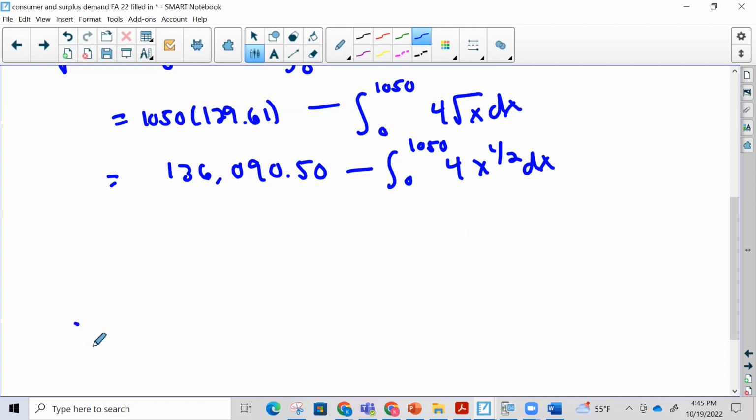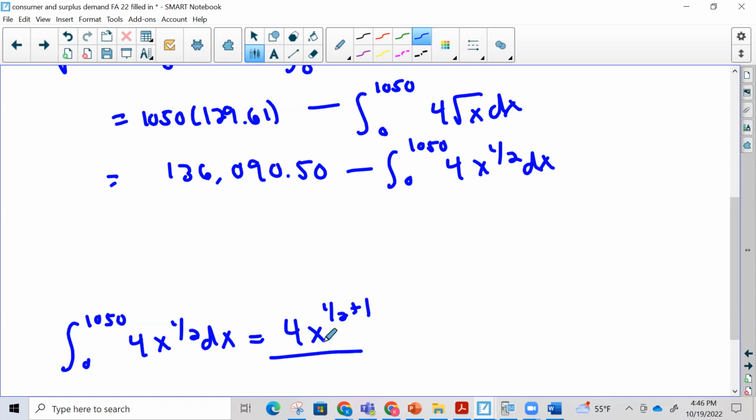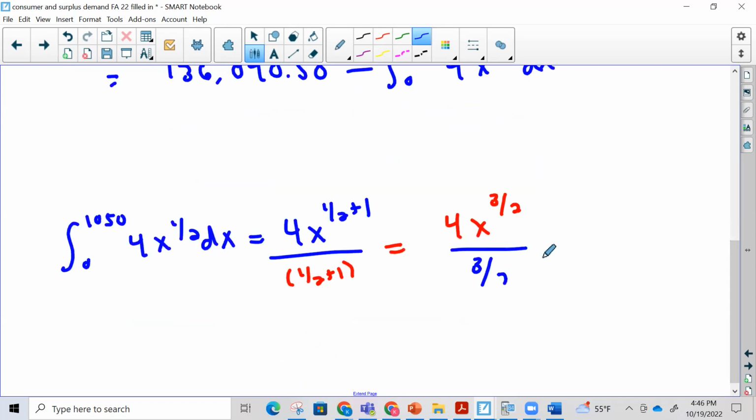So we have the integral from 0 to 1050 of 4x to the 1/2. That gives me, remember we add 1 to the exponent and then divide by that new exponent. So I get 4x to the 3/2 divided by 3/2, since 1/2 plus 1 is 3/2. If you do 4 divided by 3/2, that's like 4 times 2/3. You multiply by the reciprocal when you divide. Again, you can divide it in your calculator if you're not that great with fractions.